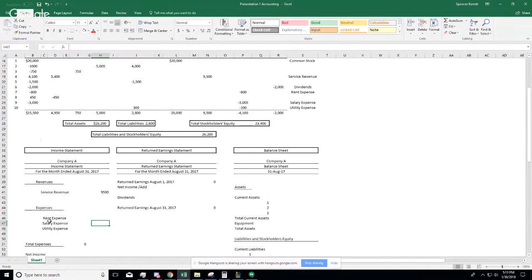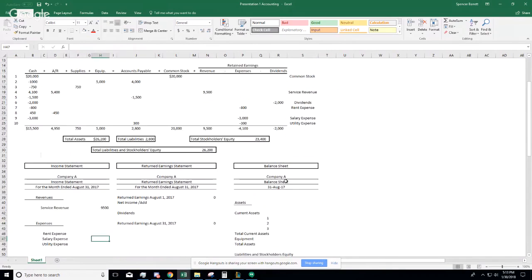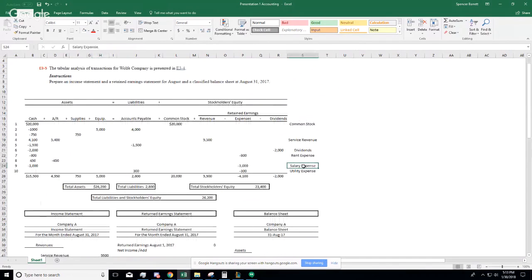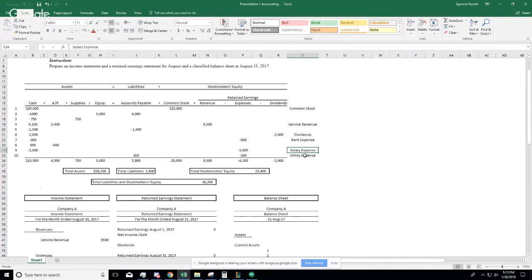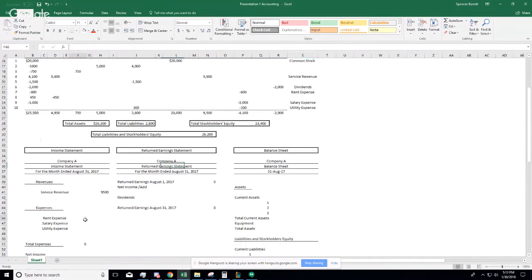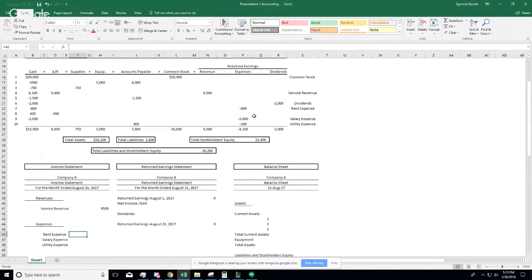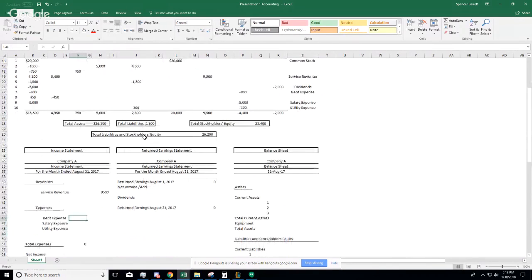Now, expenses, there were a couple different expenses. If I come back up here, we have the salary expense, utility expense, and rent expense. The rent expense was 800. The salary expense was 3,000. And the utility expense was 300.